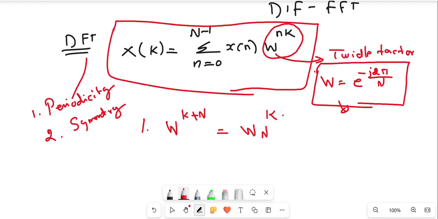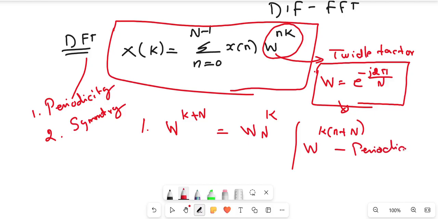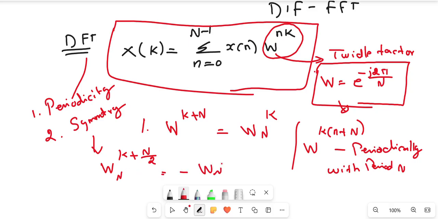The term W power kn possesses circular symmetry, and W power k plus N repeats periodically with the period N. The other property: W power k plus N by 2 is equal to minus W power k.